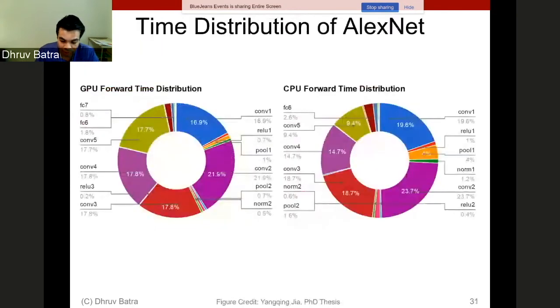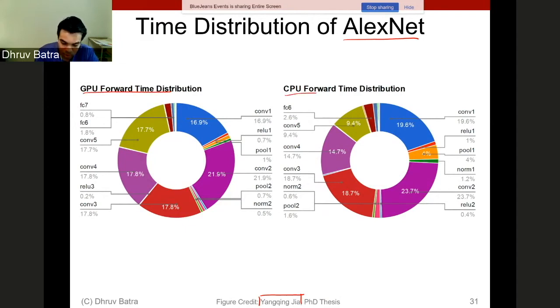If you want more details of this, there's a very nice PhD thesis by Yangqing Jia, who is the creator of Caffe among a larger team. He did a very nice analysis of an architecture called AlexNet that had come out, and he did a distribution of time analysis of GPU and CPU based forward prop.